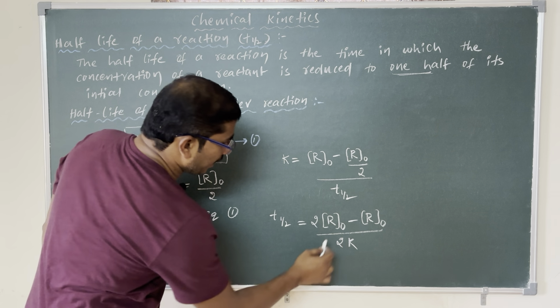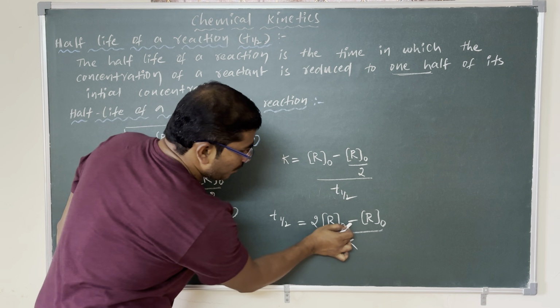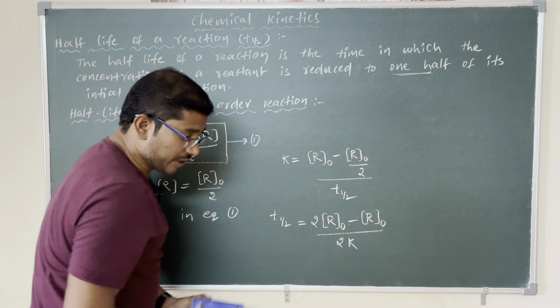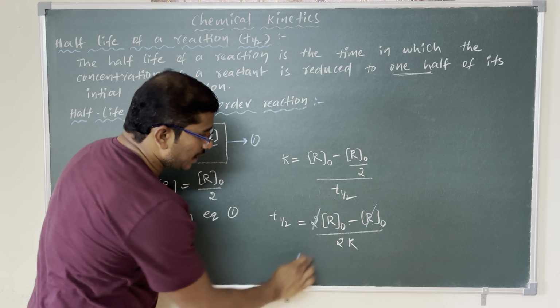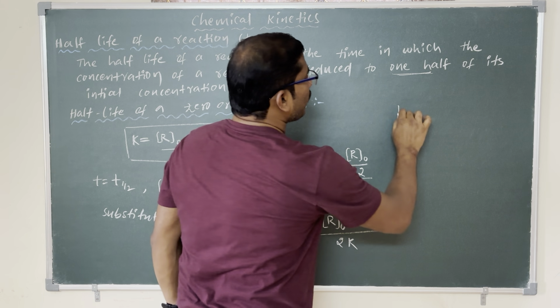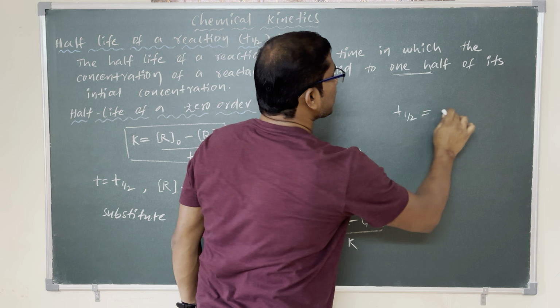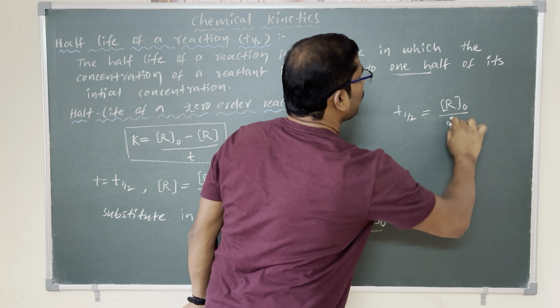Now, 2 initial concentration of reactants minus initial concentration of reactants, this and this get cancelled, and the remaining initial concentration of reactants is there. Now, what is the formula? T half is equal to initial concentration of reactants divided by 2K.